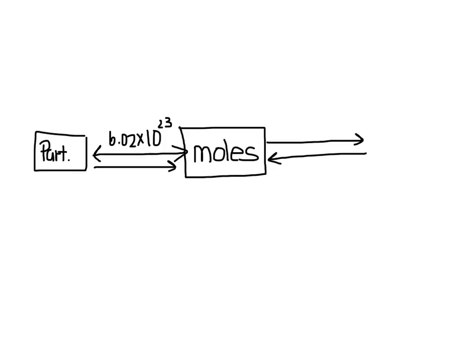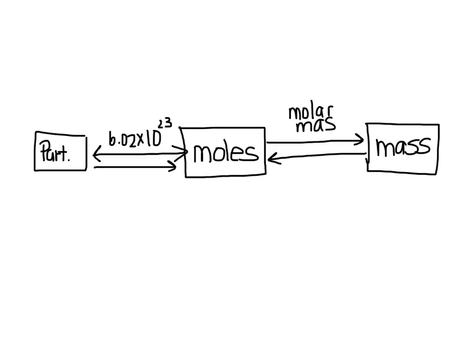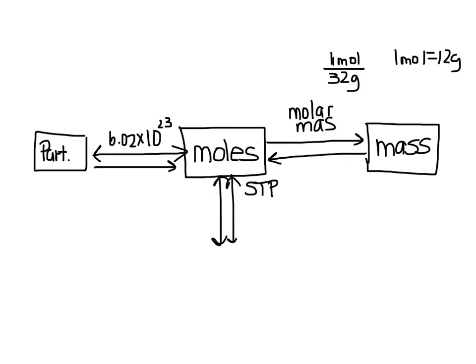If I want to know how much a mole of some particular thing weighs, or vice versa, I have a mass and I want to know how many moles I have, so this is going to be our mass, then I'm going to go to the periodic table and use molar mass. For example, 1 mole of O2 would weigh 32 grams, or 1 mole of carbon would weigh 12 grams, etc. And finally, only in very specific cases, if we are at standard temperature and pressure and we're talking about gases, I can also figure out how much a mole of gas will take up.